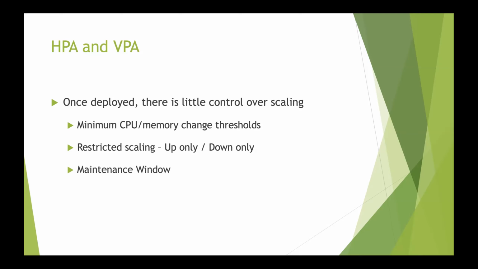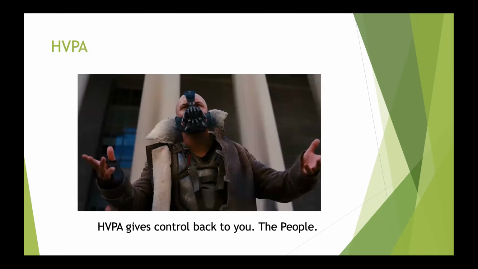For example, if a user only wants to scale down during a maintenance window and not any other time, this kind of feature is not provided by either of the autoscalers. So we'll see how HVPA solves these problems. What HVPA does is it takes the control and gives it back to the people. And this is a boon of HVPA, which we can utilize for scaling our applications.